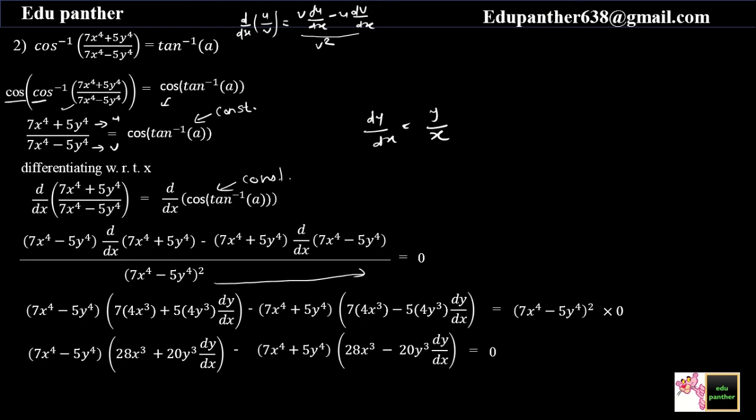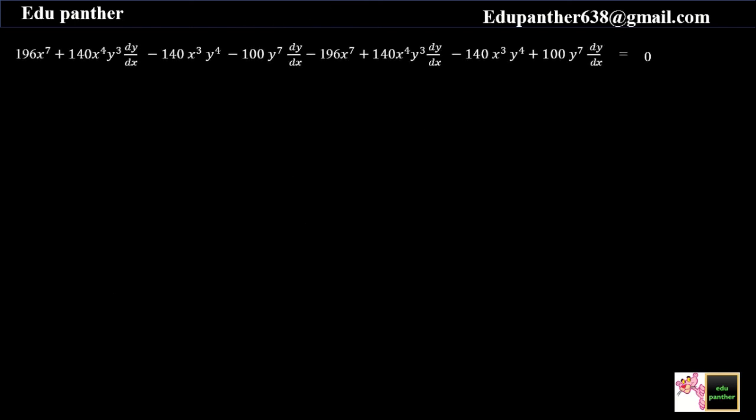So for doing that, first we have to open this bracket, we have to multiply these two brackets here, similarly multiply these brackets here. So like 7 into 28, then 7 into 20, 5 into 28, 5 into 20. If we multiply that thing, we'll get this expression.